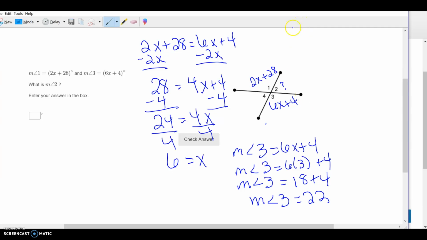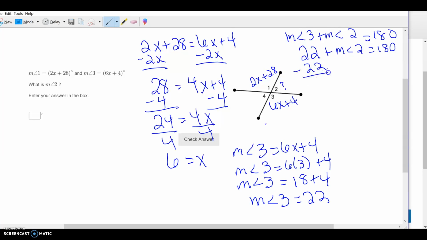All right. So now we know the measure of angle 3 plus the measure of angle 2 equals 180 because they're a linear pair. So we know that measure of angle 3 equals 22 degrees. So we can subtract 22 from both sides.